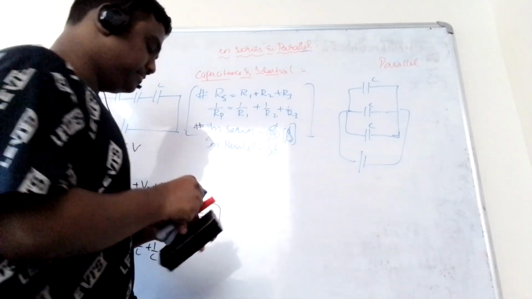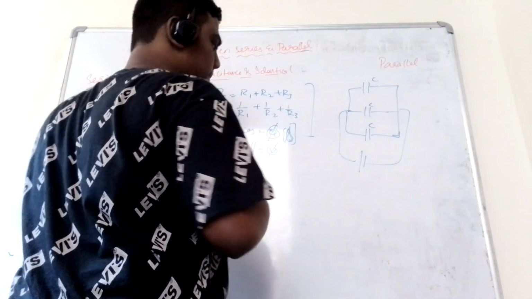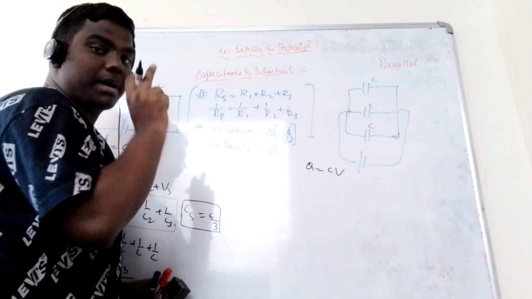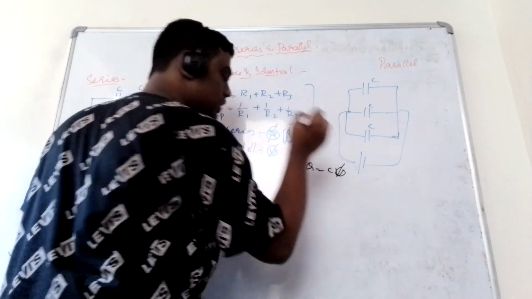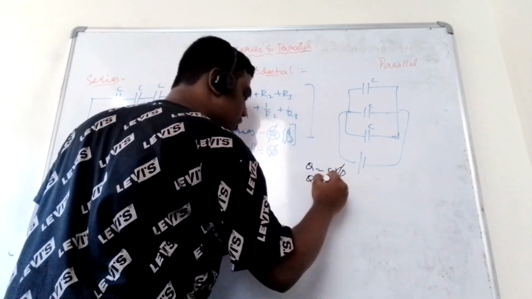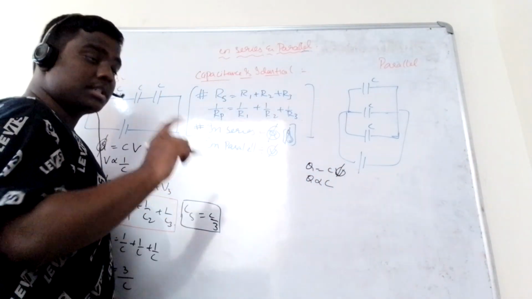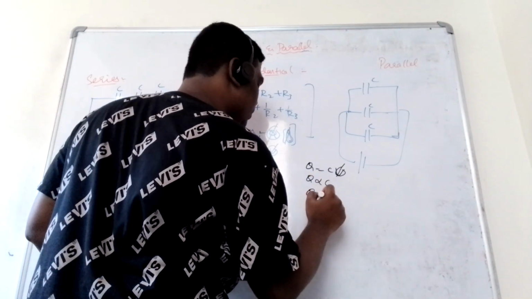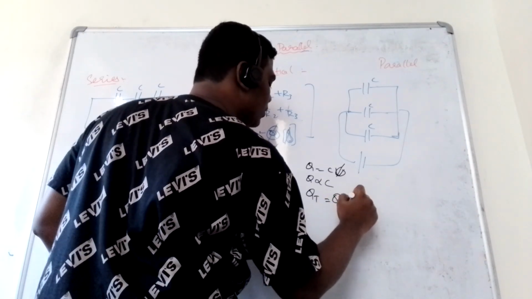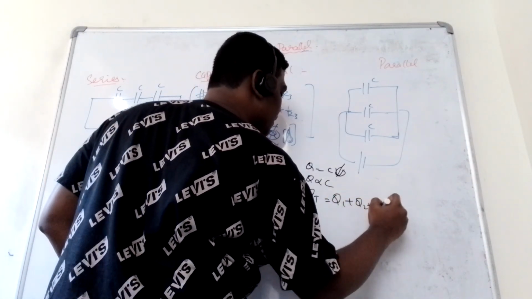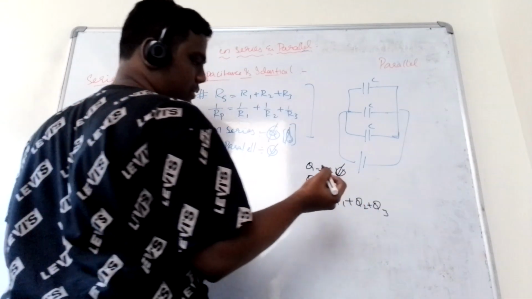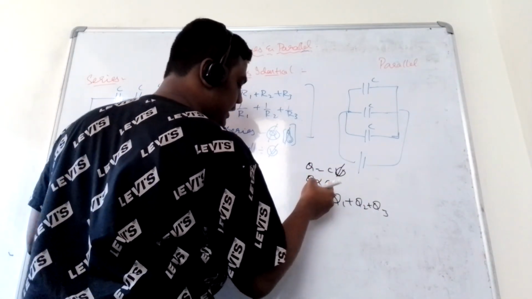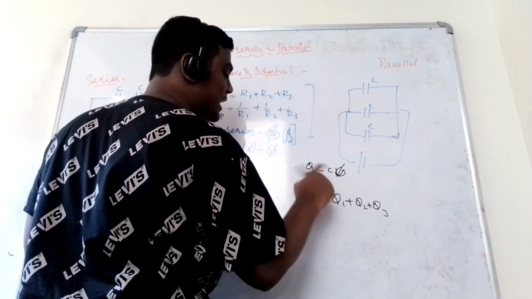And here, in the same way, Q is equal to CV, correct? So in parallel, voltage remains constant. So can I say Q is proportional to C? Q is proportional to C. So in the place of QT, I can write Q1 plus Q2 plus Q3. Q is nothing but current here. Then in the place of QT I can write CT, because Q and C are directly proportional.